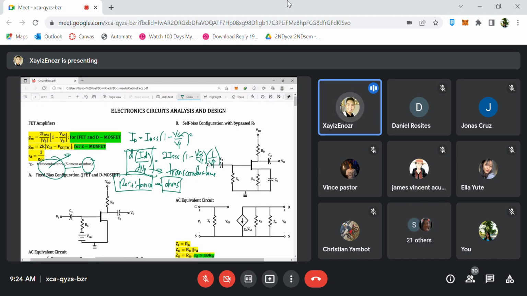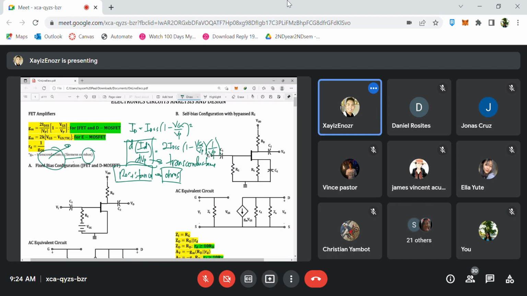Okay, so for eMOSFET naman, okay, so we have yung transconductance is equal to 2K multiplied by VGS minus VGS-TH. So, nanggaling dito sa differentiating ID with VGS. Okay, then meron tayo dito yung tinatawag na rd is 1 over gos.